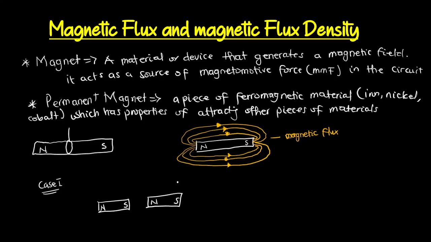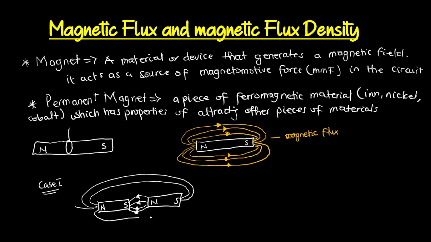The magnetic flux will move from the north pole over here to the south pole over here. It also moves like this, north to south, and for this north over here, it will move all this way and be attracted to the south over here, moving in this direction.